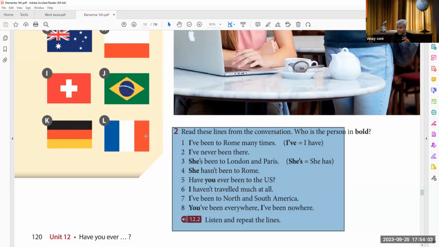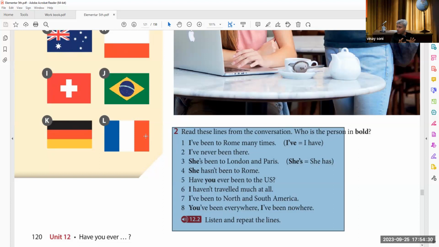That's also the same pattern. Okay, now they have lived. They have lived. It is the same pattern. Okay, you have seen. Do you see the same pattern? You have the subject, you have, and then you have the third form. Okay, third form of the verb, right?